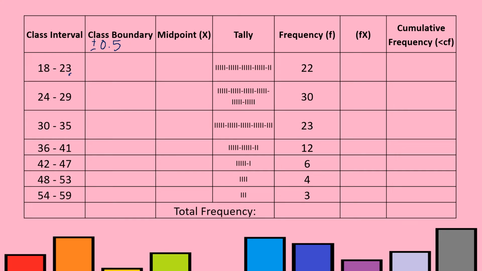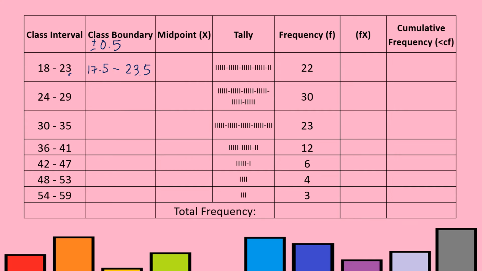So the class boundary in the first row is 17.5 to 23.5. So that's how it goes.